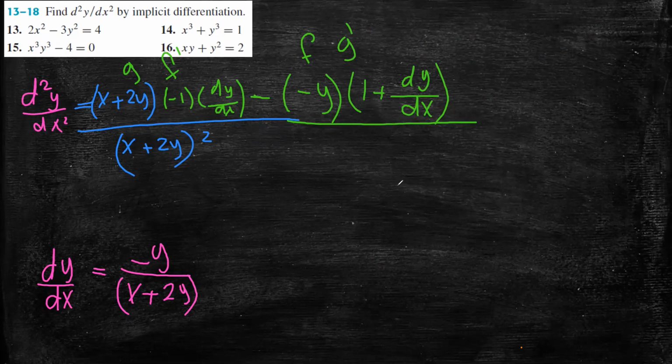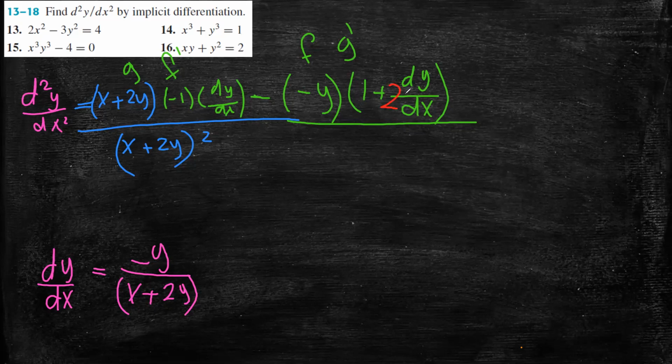Yes, the same as above, 1 plus 2 dy over dx. That becomes g prime. You mean that I forgot the 2? Okay, thank you.